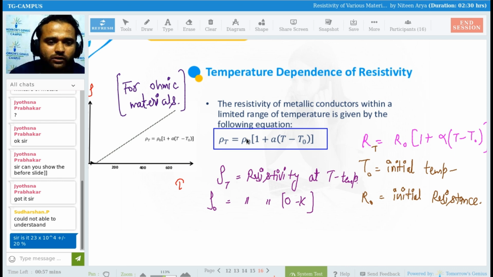Okay, so this Vrms increases with temperature as mean free path decreases. Vrms, or kinetic energy, is related to temperature. From this combination, we get a linearly dependent resistivity, rho of T. What is the meaning of saying that?